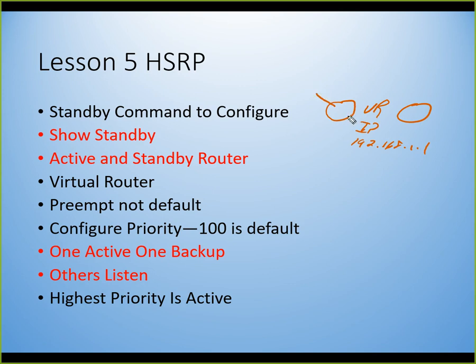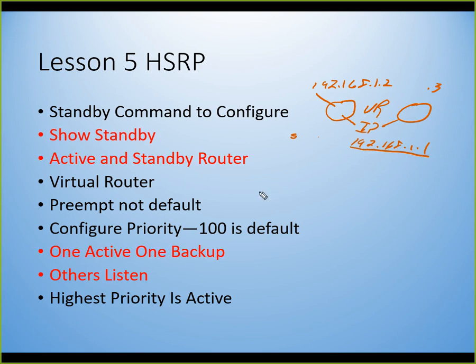The NICs that are part of the HSRP or VRRP group are going to have addresses 192.168.1.2 and .1.3 maybe. We go into the interface, we have these addresses on them, and then we use the standby command, standby and then whatever the group is, standby 1, and then we give it the address that we want the virtual router to have.